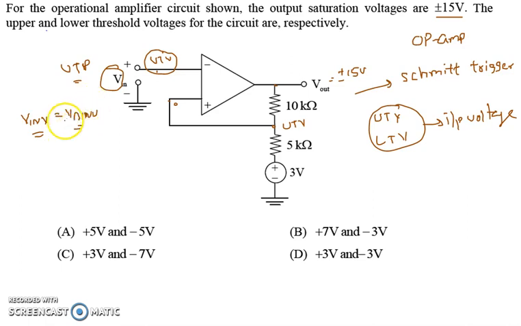Why do we take it like this? Because for open loop gain, the output voltage of an open loop operational amplifier can be taken as V0 equals AD times (V1 minus V2). From this, AD equals V0 divided by (V1 minus V2). It is the open loop voltage of an operational amplifier, a differential mode gain times (V1 minus V2).